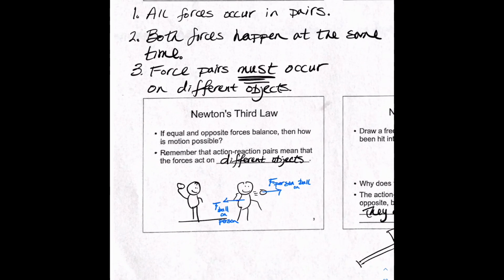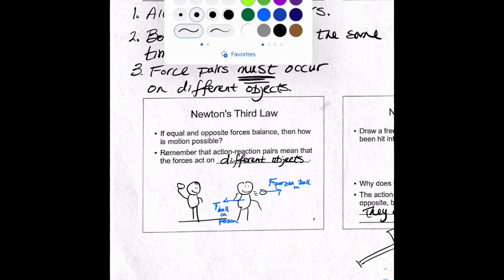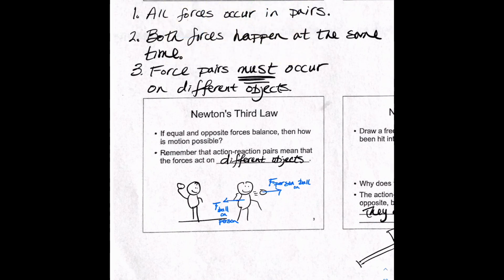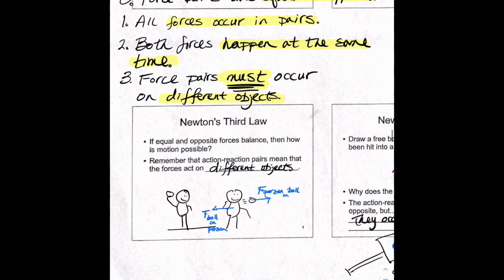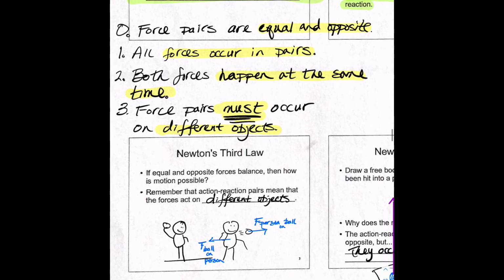All forces occur in pairs. Let me see if I can do a little highlighting here. Equal and opposite. Forces occur in pairs. They happen at the same time. And must occur on different objects. I'll highlight must too. So there you go. That's kind of Newton's third law there.